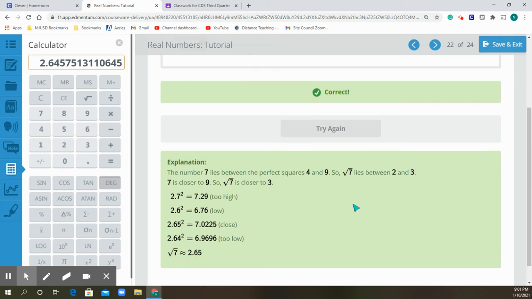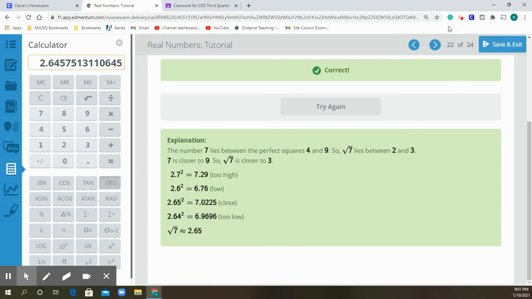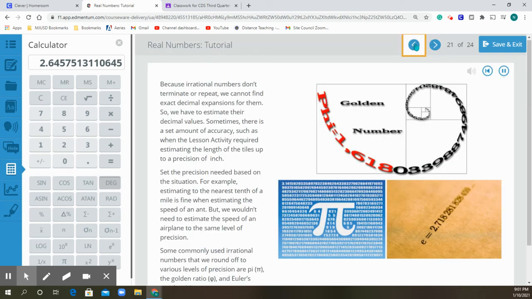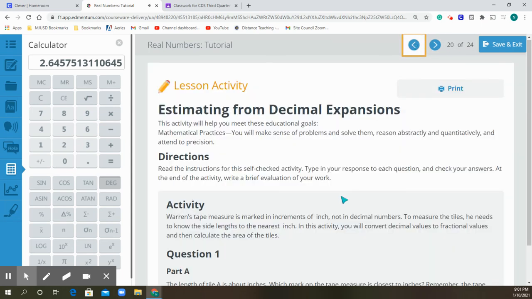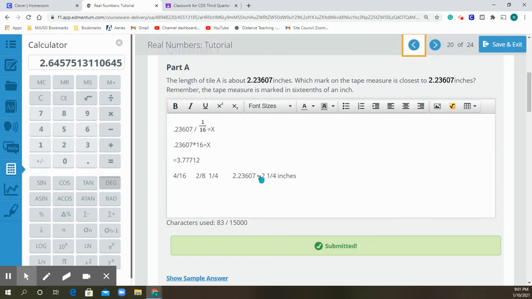It's approximate. How do we show the approximate symbol? I'll show you on the next example. Oh, I won't show you on the next example. Let me go back. I'm only going back to show you how to make this symbol, in case I forgot to show you.